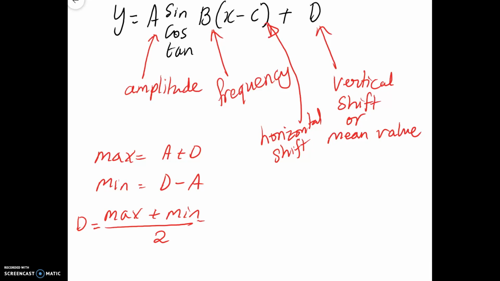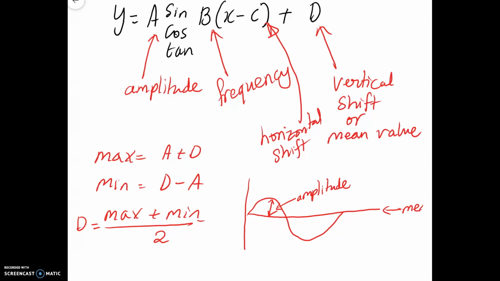So just to give you a brief overview of what these terms mean on the graph. The distance from the middle line to the maximum is your amplitude. This middle line is your mean. That is your minimum.